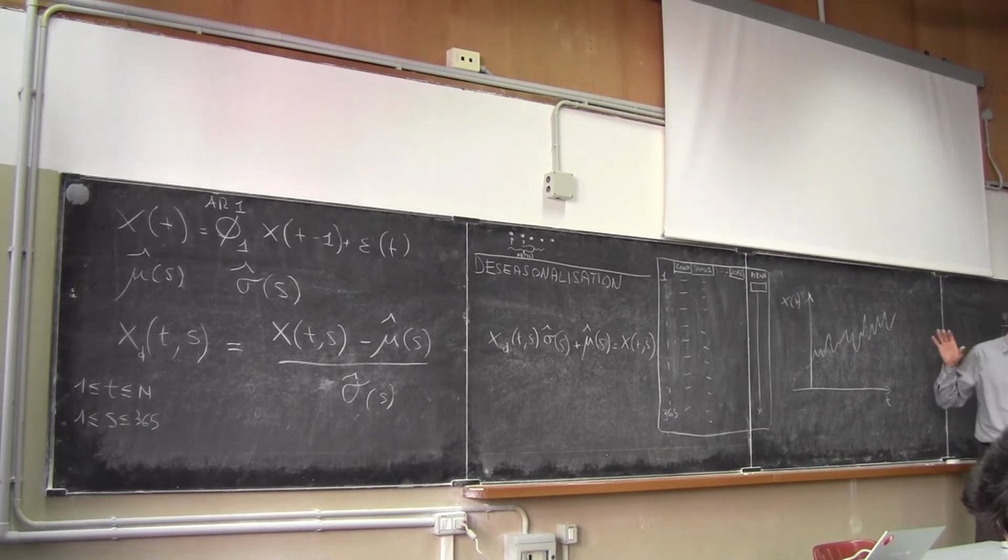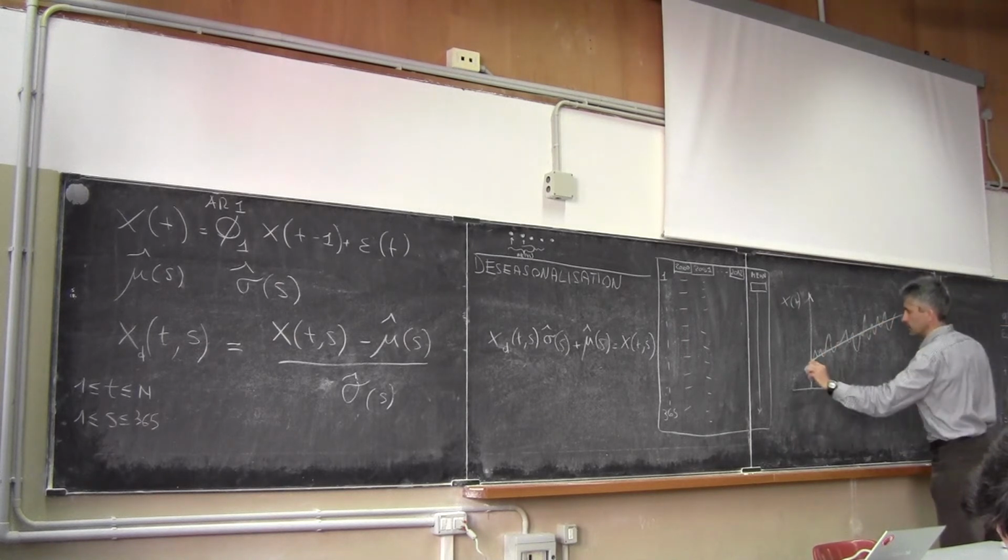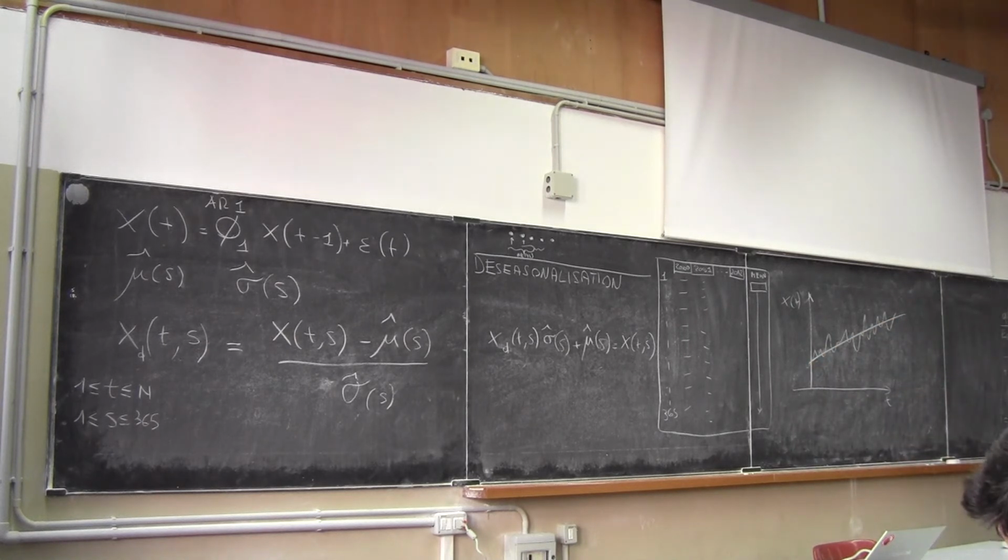But let's suppose that, whatever the origin of this trend, you experience a situation like this. And so what could you do? In this case, you could estimate a linear trend, a linear regression of the data. And what we could do is to remove from each observation the result of the linear regression.